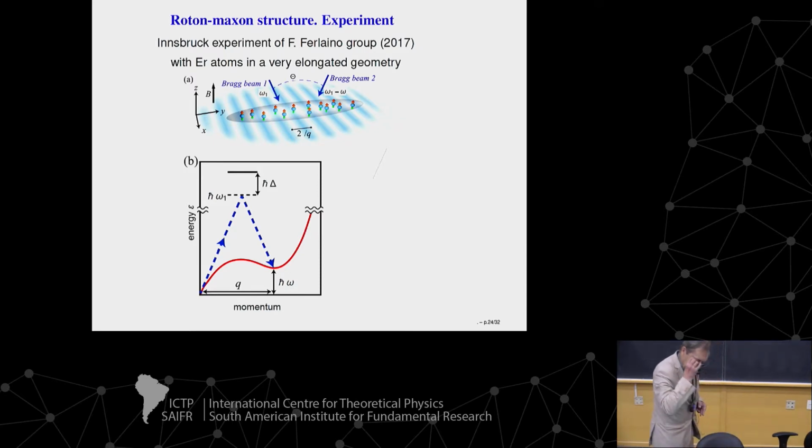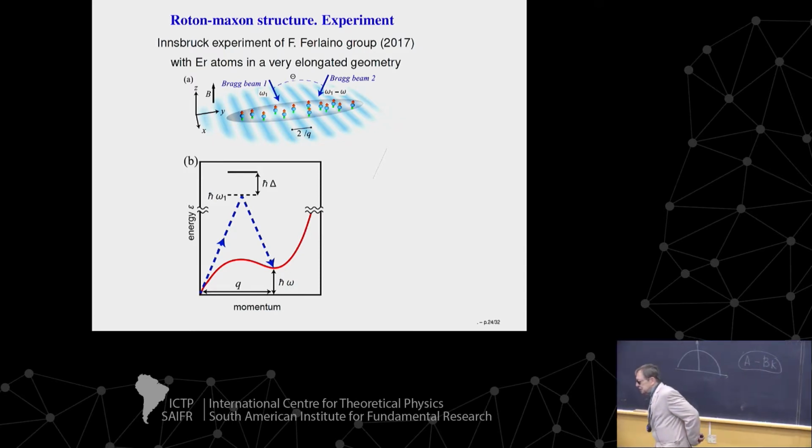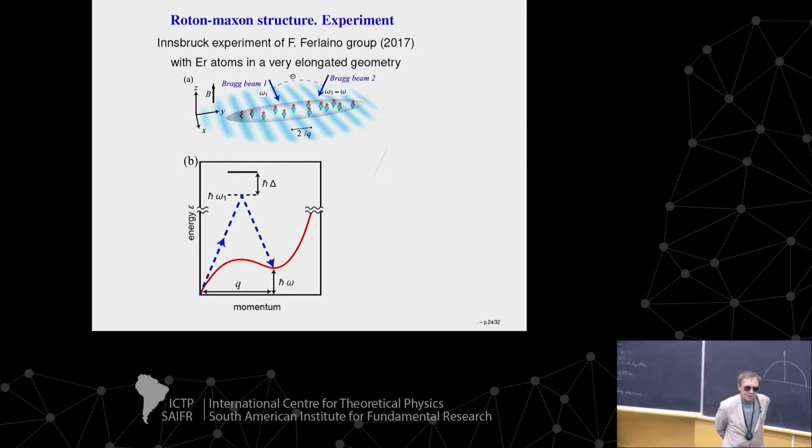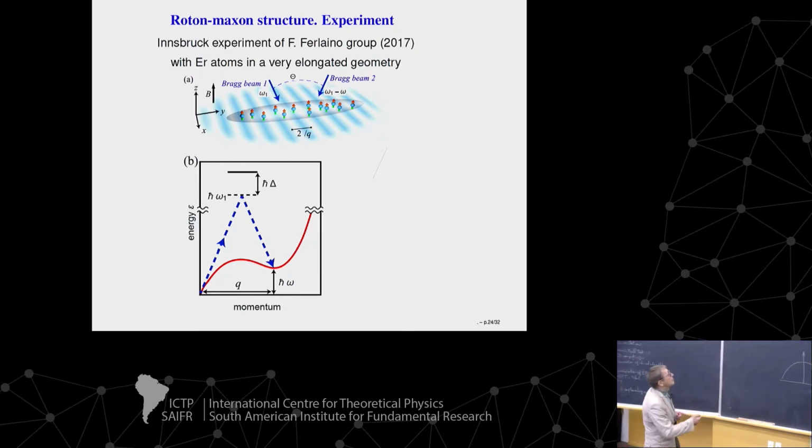And by the way, just a side remark: this year, in September, some 2 weeks ago, Lev Pitaevskii and Sandro Stringari got the senior Bose-Einstein condensation prize, and Francesca Ferlaino got a junior Bose-Einstein condensation prize.